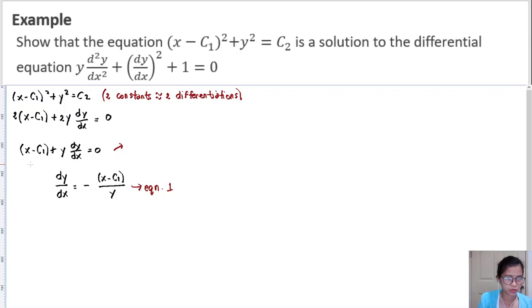Okay? So differentiating that, what would be the answer?